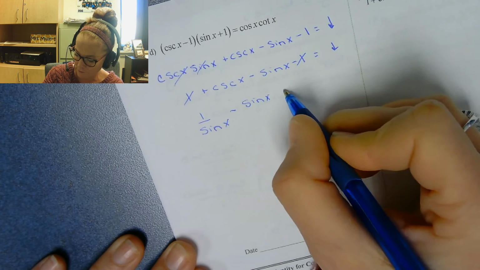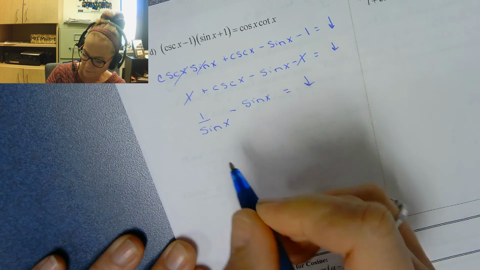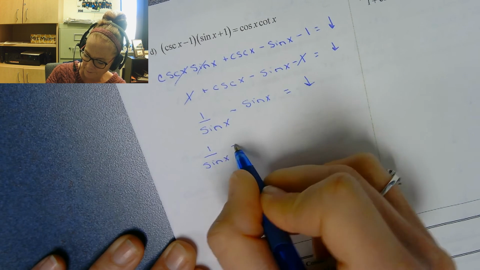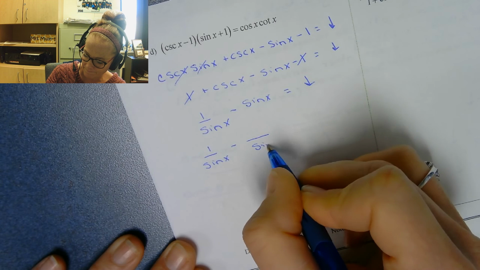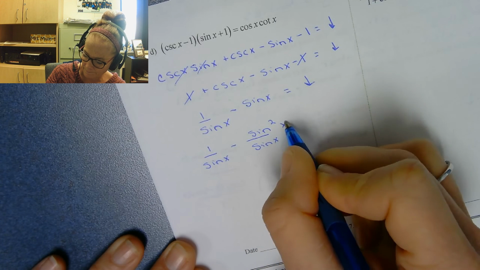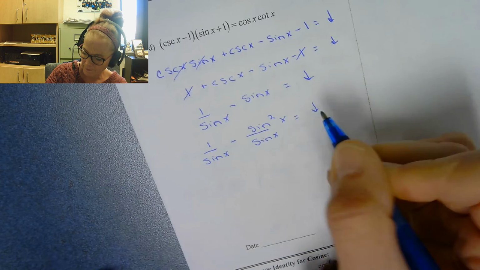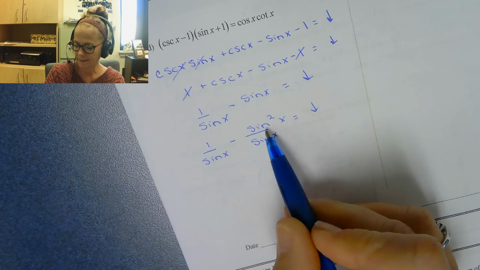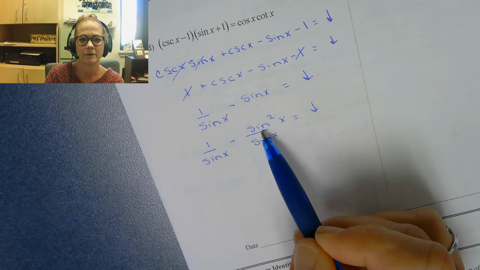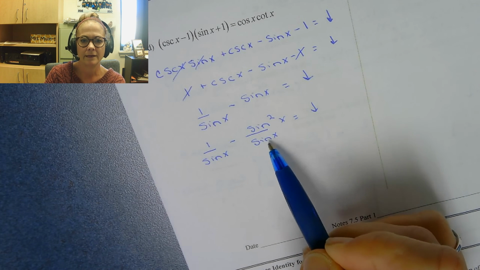And let's do the math. Okay, so let's get an LCD of sine of x, which will make this sine squared. So if you add a sine to the denominator, you've got to bump the numerator up by a sine, so sine squared of x over sine.